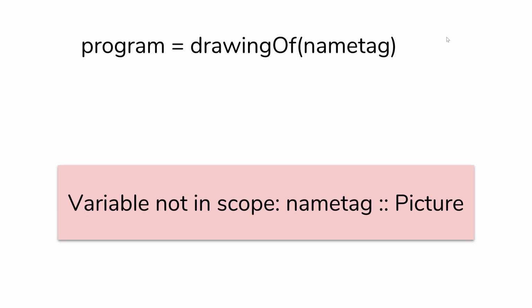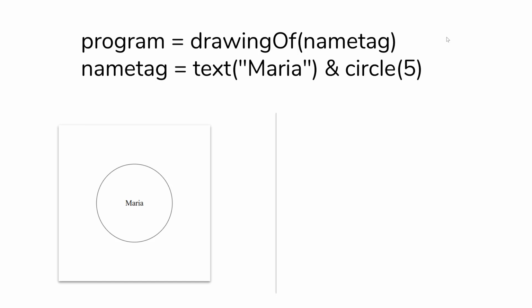That's a new word, so we'll start a new line of our program and write a second equation to define the variable called name tag. That looks like this. Name tag equals, and then an expression after the equal sign that tells you what this name tag should look like. Let's learn some of the building blocks you can use to put your name tag together.